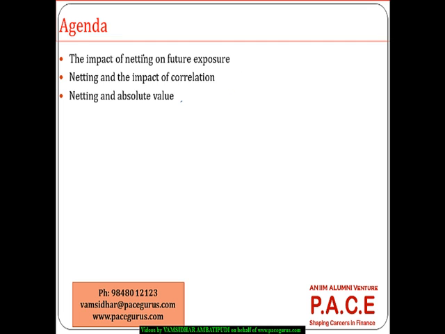So I am trying to see what is the impact of netting. How will netting play a role in terms of decreasing the exposure? In what cases netting can decrease the exposure and in what cases it really does not impact the exposure at all?